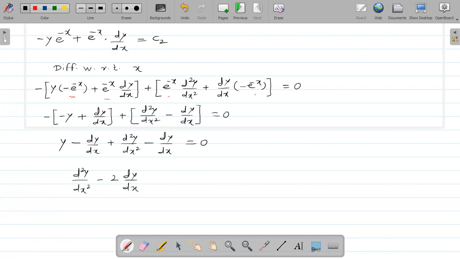See, minus dy by dx and minus dy by dx is minus 2 times dy by dx. So this is the differential equation obtained by eliminating the arbitrary constants.